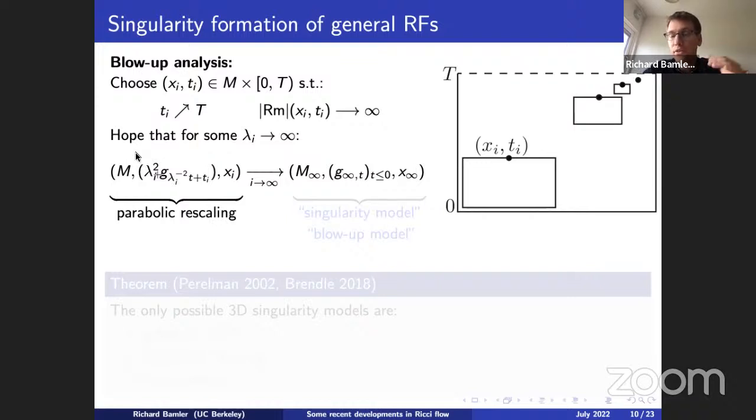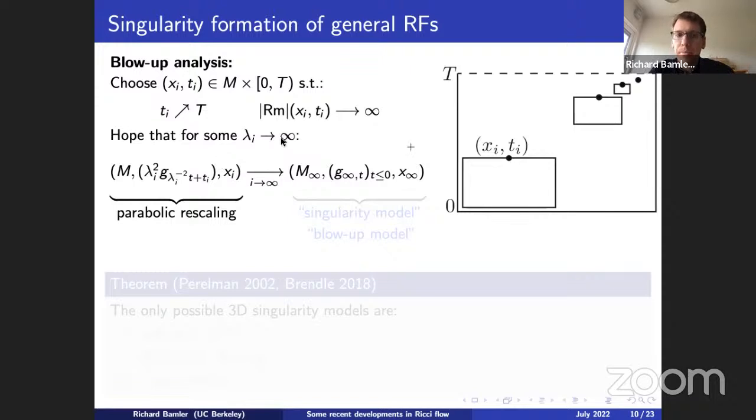This preserves the Ricci flow equation. And we also apply a time shift t_i such that this time t_i corresponds to time 0. Okay? So in doing so, we're constructing a sequence of Ricci flows that are defined on larger and larger backwards parabolic backwards time intervals. And then we can hope, due to some compactness theorem or something like this, we can pass these flows to a limit.